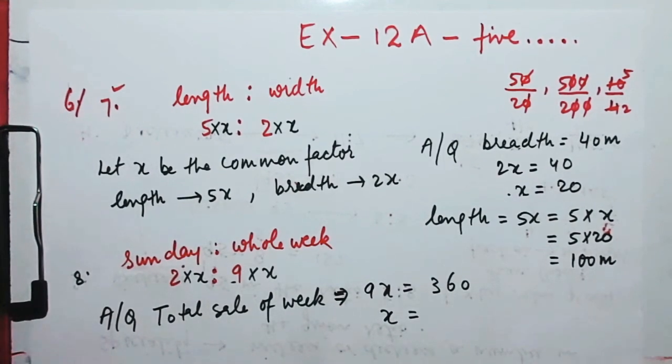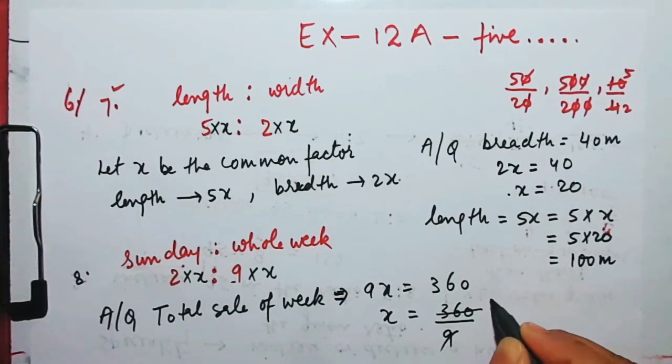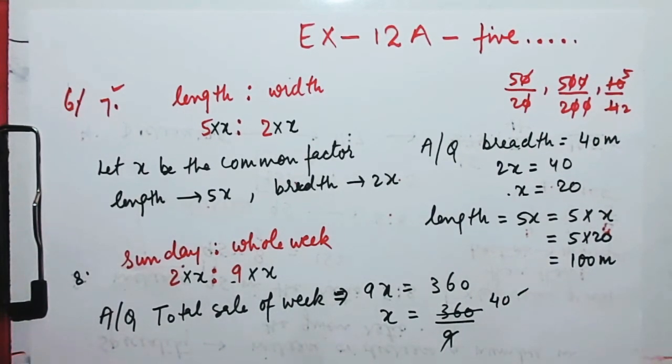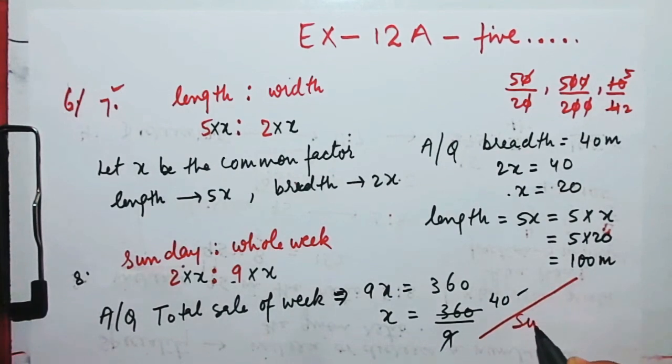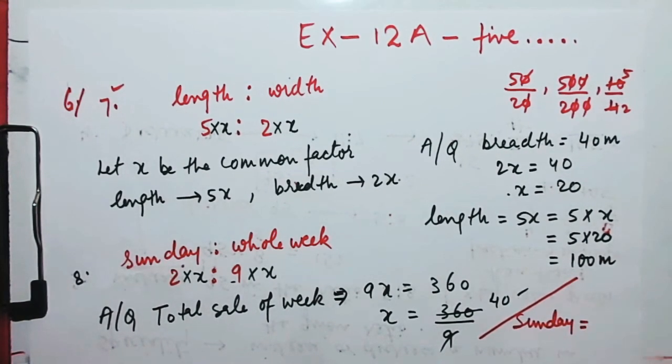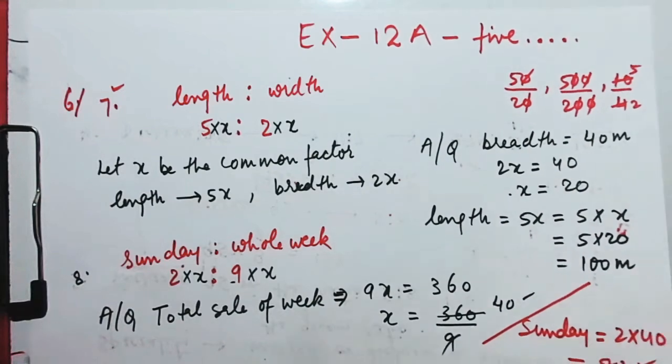The value of x will be equal to 360 by 9, which is 40. And once you have the value of x, can't you find the sale on Sunday? Sunday is equal to 2x, 2 times 40 is equal to 80. So 80 on Sunday, and in the whole week it was 360.